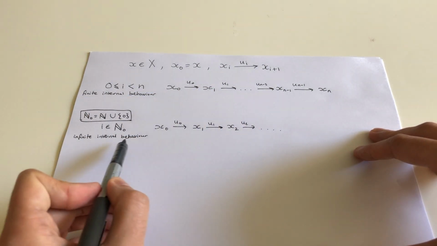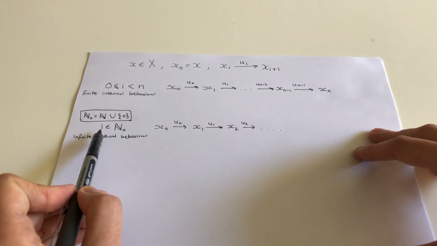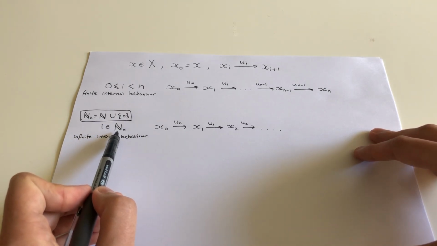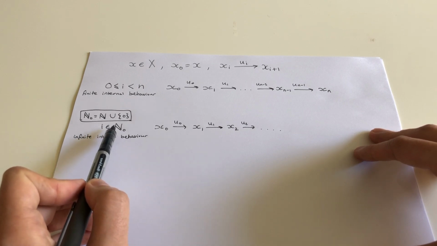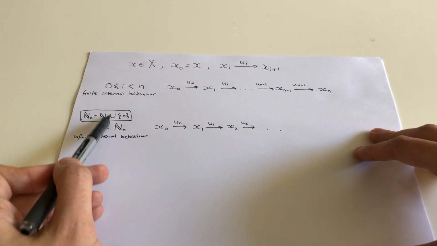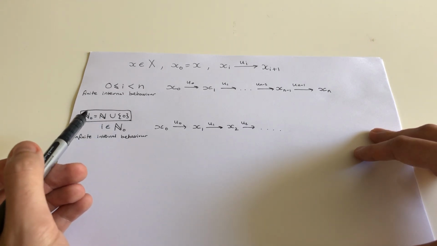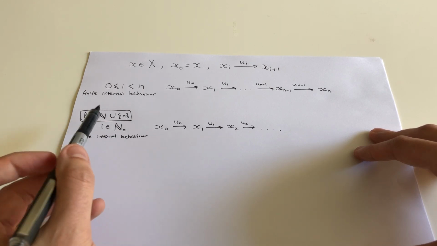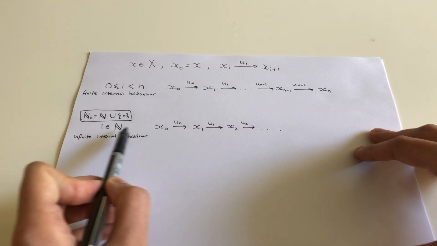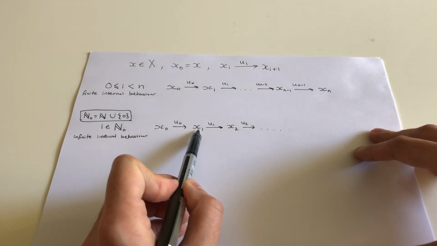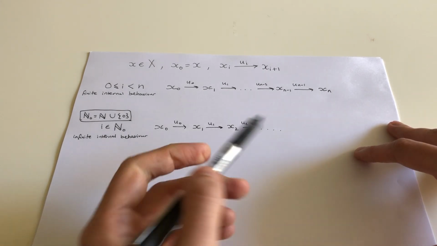For infinite internal behaviour, we instead have this counter i inside the infinite set N0. Here N is the set of natural numbers, 1, 2, 3, 4, 5, and so on, union with 0. So we can have x0, x1, x2, and this will go on infinitely.